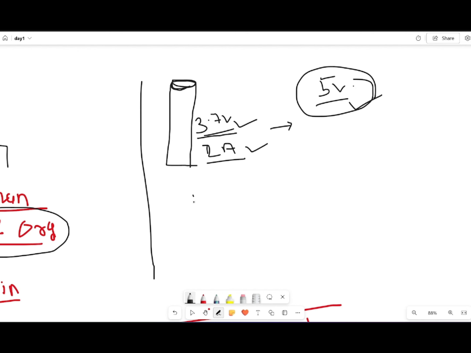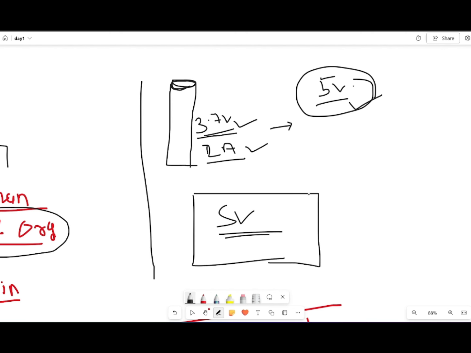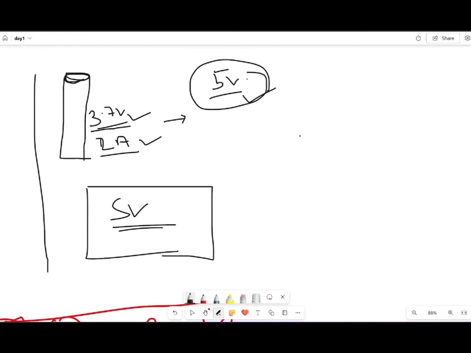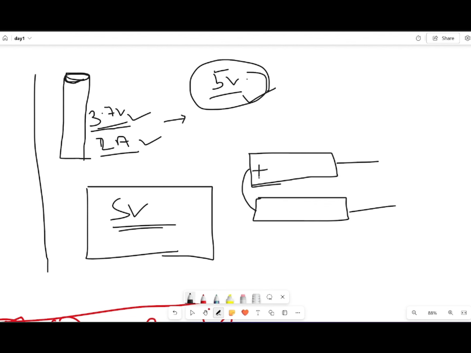In this we are going to use our Arduino, which will work on 5 volts. I am going to teach you how you can make a 5 volt supply, or how you can maintain this voltage and current. Most of the time we use two lithium ion batteries and connect them in series.